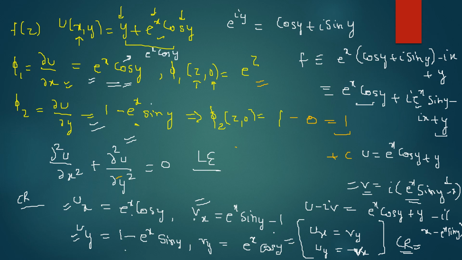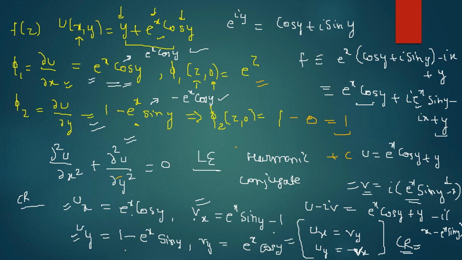Double differentiation of this part, del u by del y, with respect to y: derivative of 1 is 0, minus e raised to power x, for sin y it is cos y. If you add these two, it will give you 0. So the Laplace equation is satisfied. Because both of the equations are satisfied, we can say that this function is a harmonic conjugate. Yes or no? This is how you can find out a particular question.